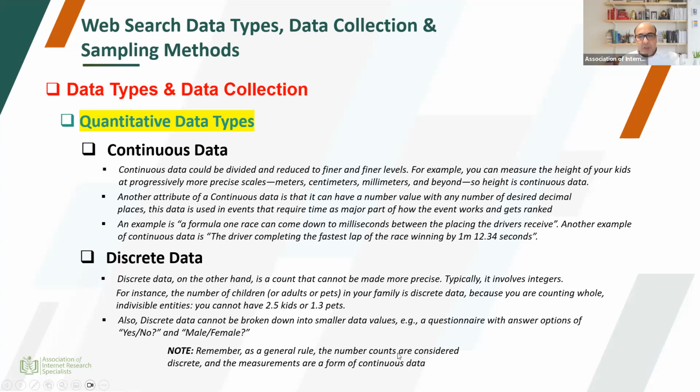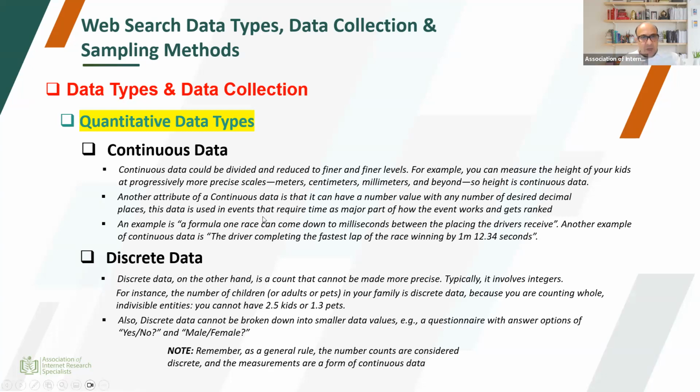Number counts. So you can actually have both continuous and discrete data playing their part in identifying the nature of data that is collected, which is attributed to delivering complete information about something.